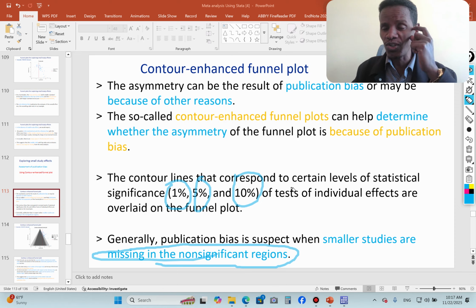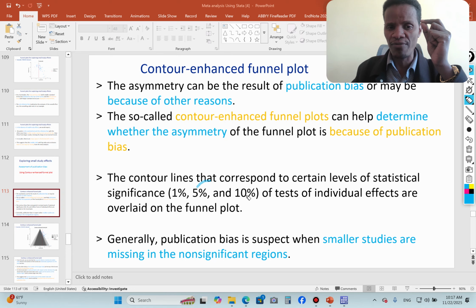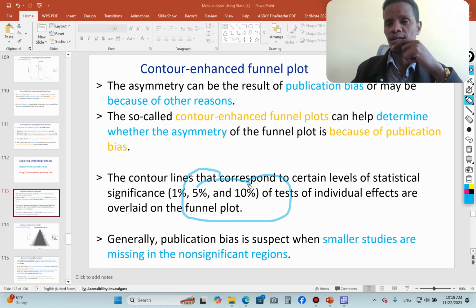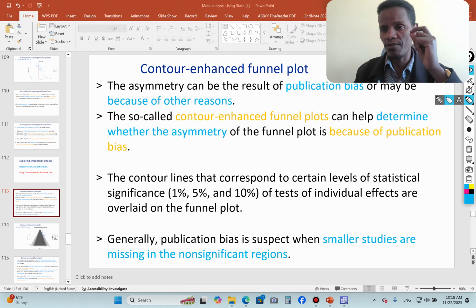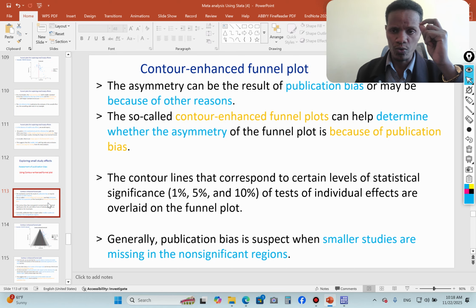Especially if these small studies are missing from the non-statistically significant region, that means in between greater than 5% and less than 10%, in between these two levels of significance. If the small studies are missing in this region, that means there is publication bias. So it is really very important. We'll see how to do that.